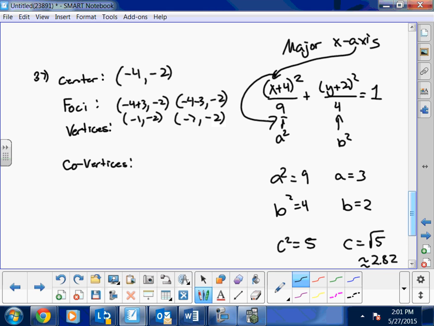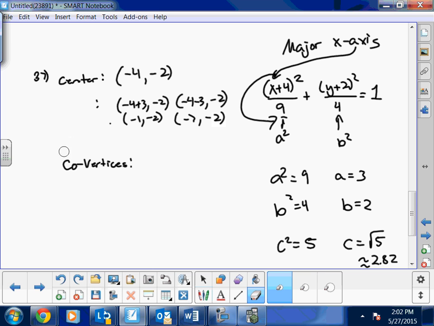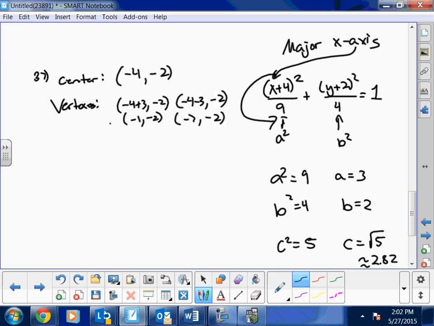Actually, take that back. I actually found a vertex. So instead of having to erase all that and rewrite it, let's go ahead and redo this. Call this the vertex. I found the vertexes. Why? Because I used a equal to 3. And if I want to find the foci, I have to use the same process.